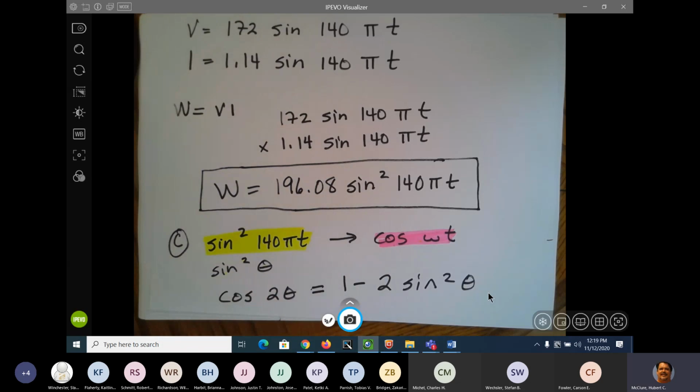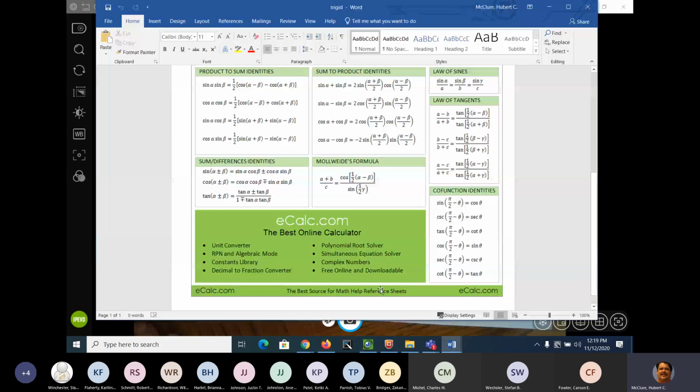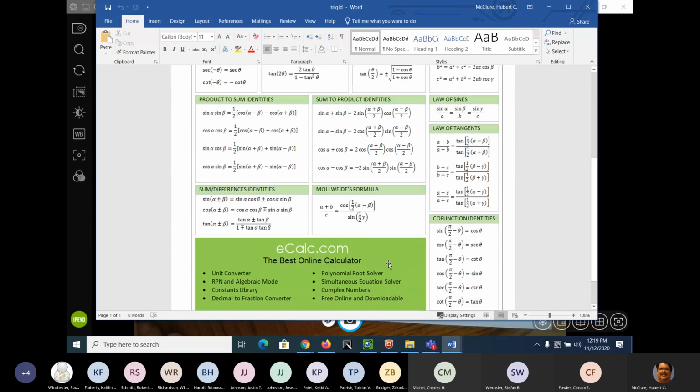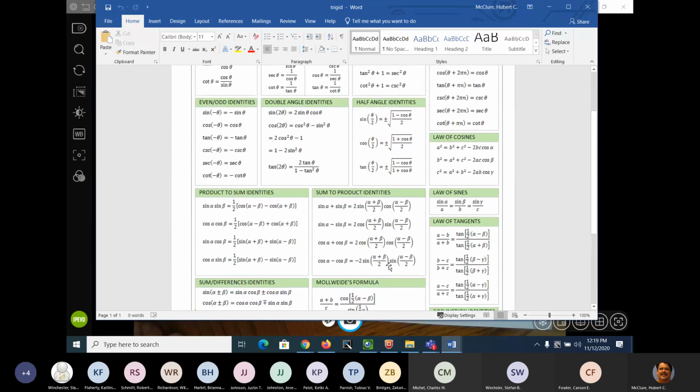You go to your handy dandy identity sheet, and there we go. I want cosine of 2 theta, or cosine of something, equal to sine squared. Cosine of 2 theta, 1 minus 2 sine squared. So that's what I'm going to use.